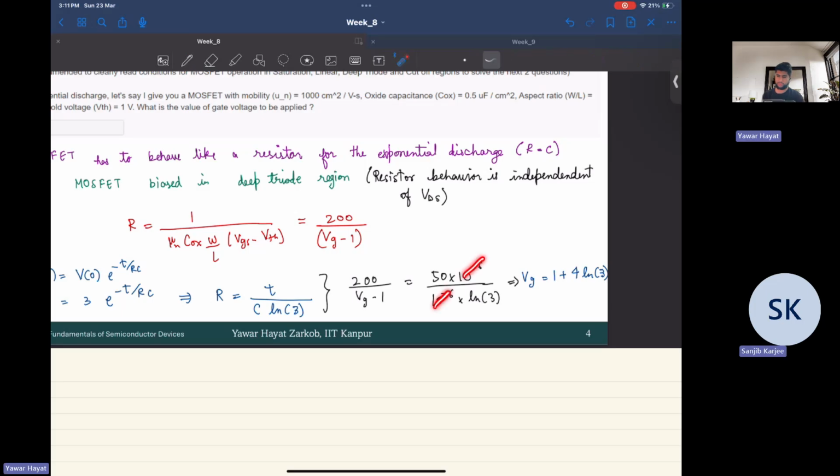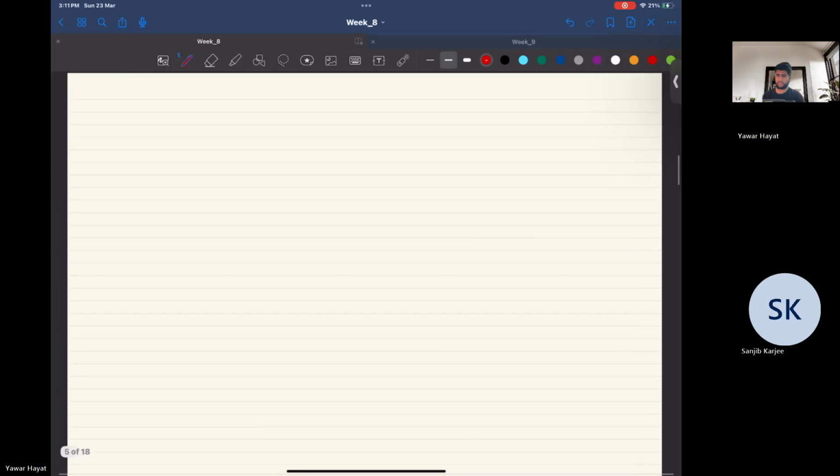If this and this go, and then we simplify it, this would be this. So now, what is VG? 4 times ln of 3 is 4.394. So VG is 5.394 volts. That is the VG.